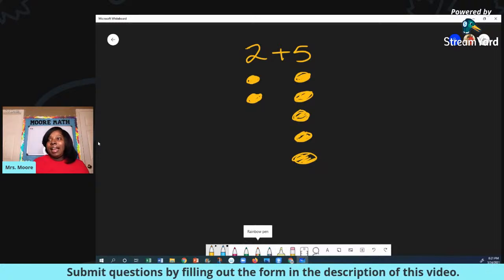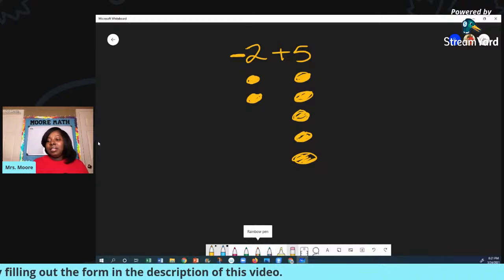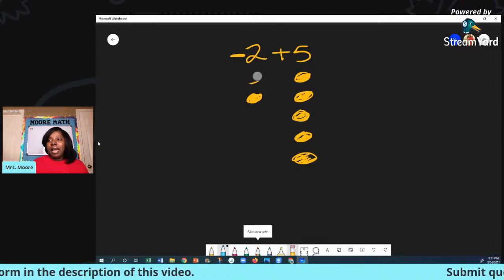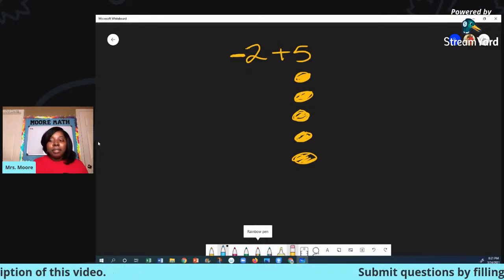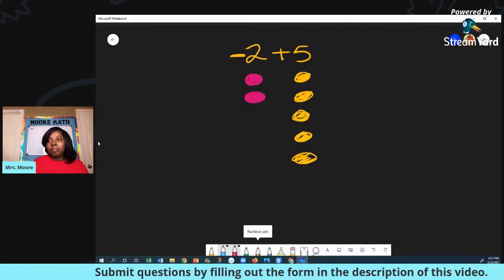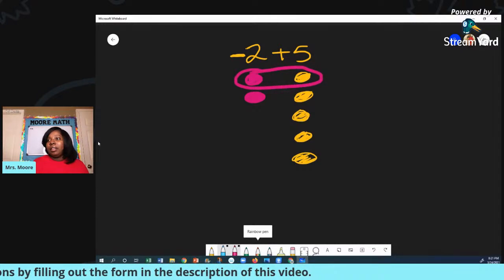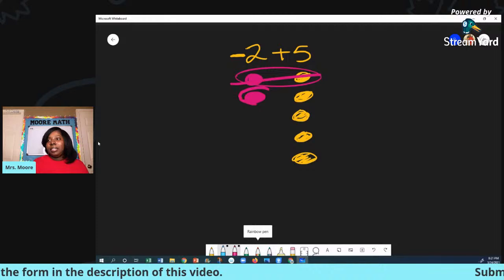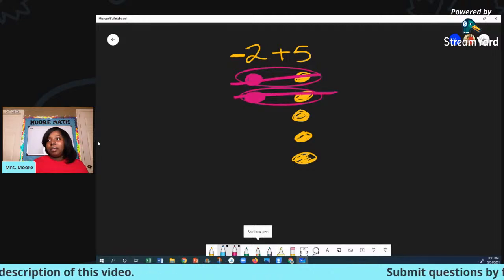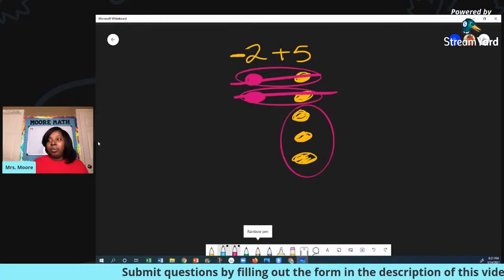Easy peasy. Now, what if this one was negative? Negative 2 plus 5. Let's do it. What do we see? Once again, we can cancel out these 0 pairs, and we are left with how many positives? 1, 2, 3.